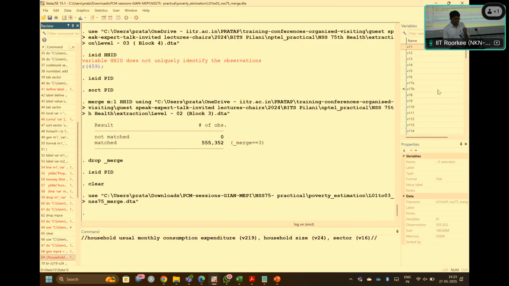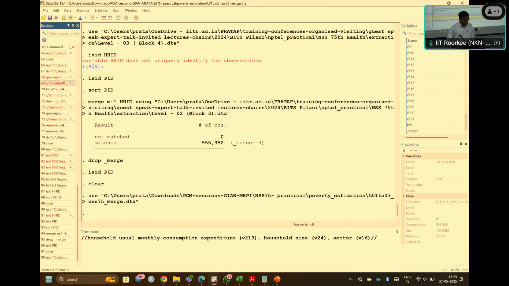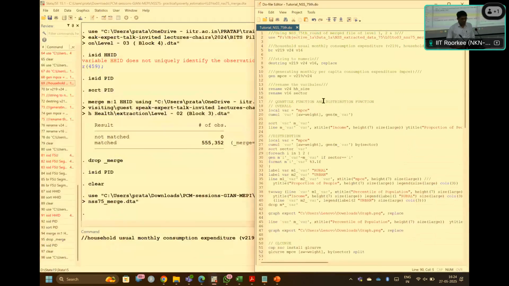All right, so here is the data set. I think we have already set the labels. Anyway, I'll also clarify, it is already labeled, but I'll tell you here as well. Using this data set, first we'll check all the steps given in the do file. I need not mention everything.